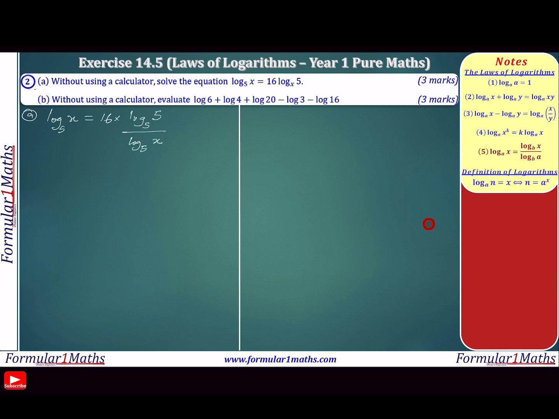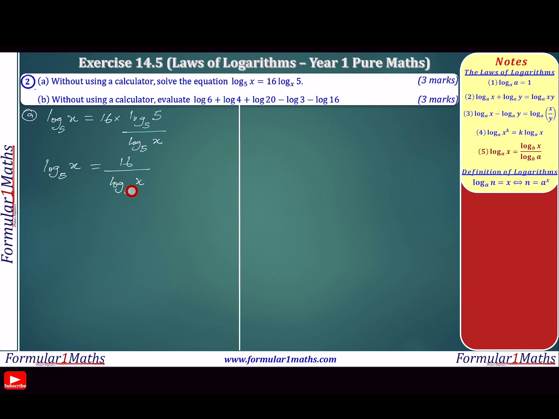So that's how you can use the change of base rule to change log to base x of 5 to base 5. And we can also see now that log to base 5 of 5 is equal to 1 according to rule number 1. And so the whole equation becomes log to base 5 of x is equal to 16 divided by log to base 5 of x.